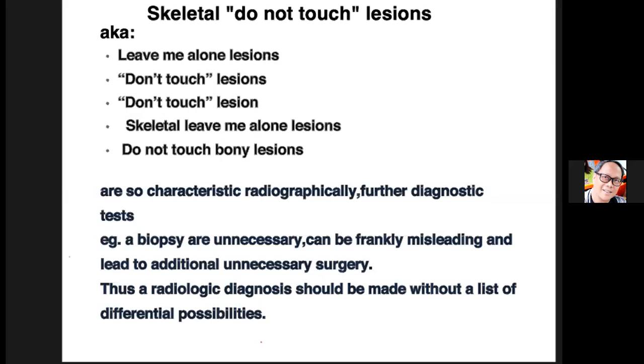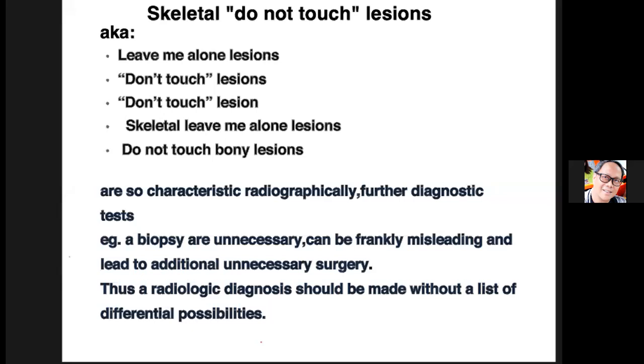So again, these do not touch lesions do not require biopsy, and biopsies can be misleading, and may even lead to more radical treatments like amputations. And there have been many instances where, on the basis of biopsy findings, amputations were done, only to find out on a review of the biopsies that they turned out to be benign.